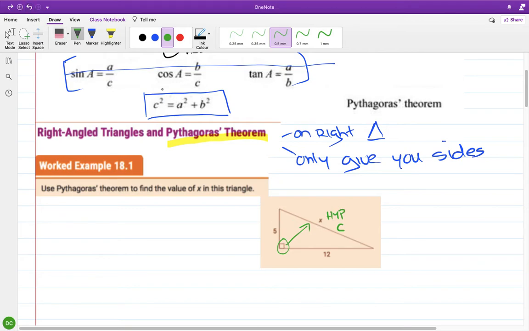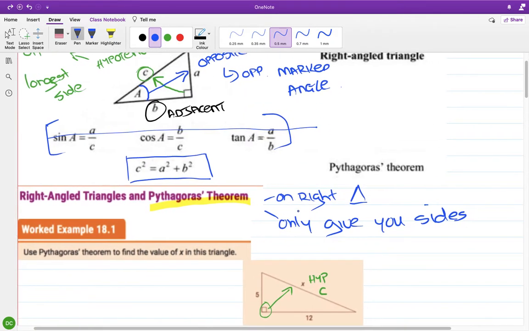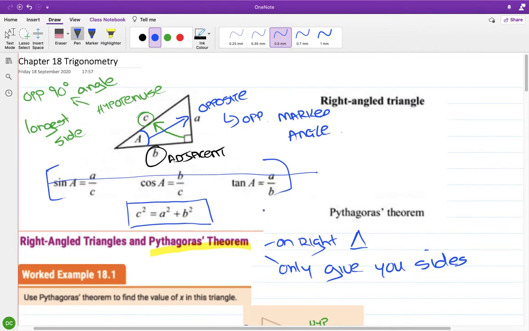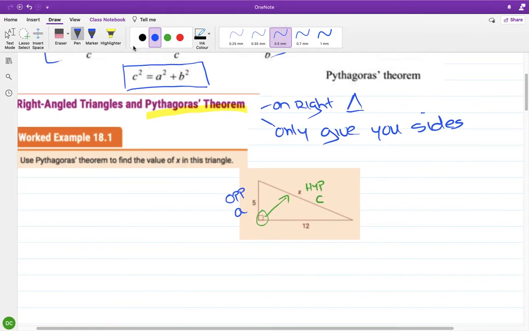So if that happens, there's no way of differentiating between the opposite and the adjacent, so you just pick. We'll have a look in a minute at why you can just pick. So I'm going to call this the opposite, which according to the diagram above is A, and this one down here the adjacent, which is B.